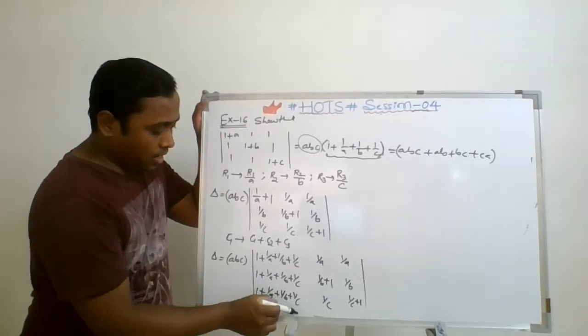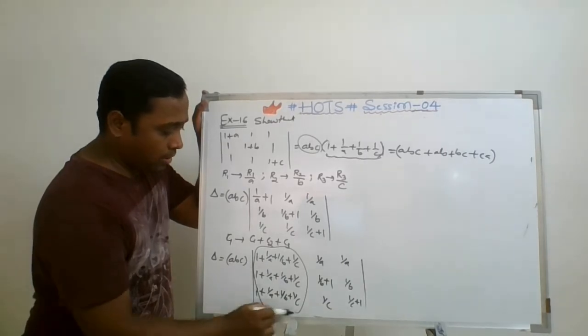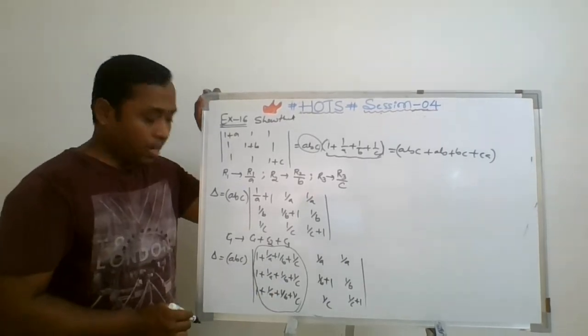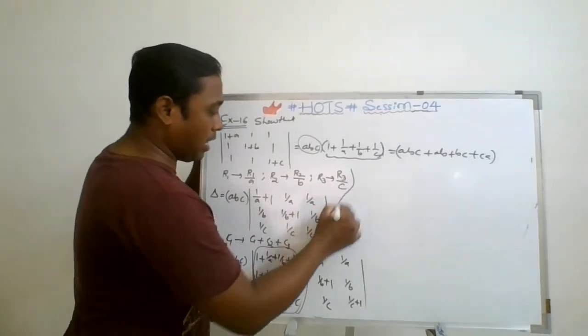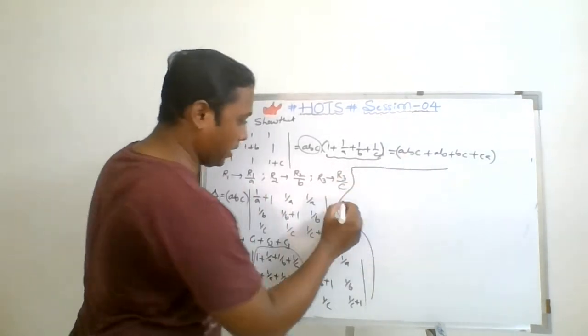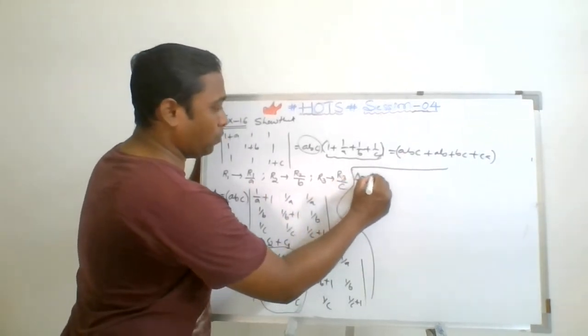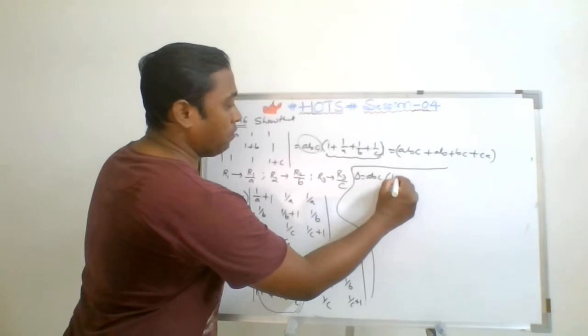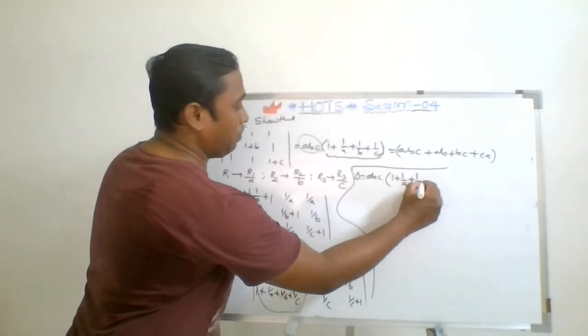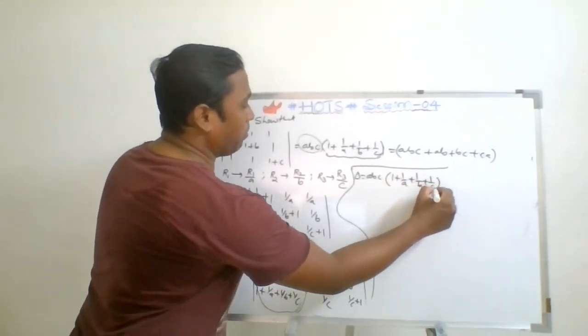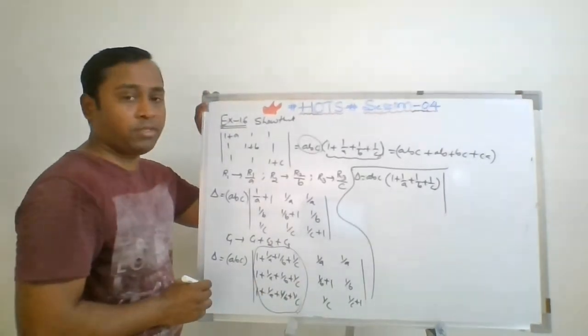So I can take this factor as a common factor from column 1. Ultimately delta equals ABC into 1 plus 1 by A plus 1 by B plus 1 by C as a common factor from C1.